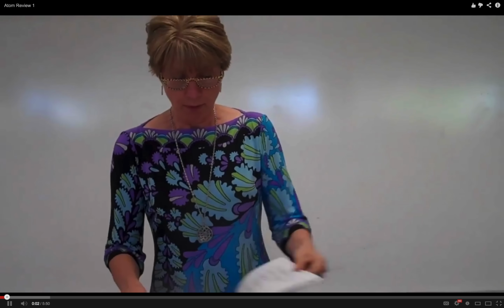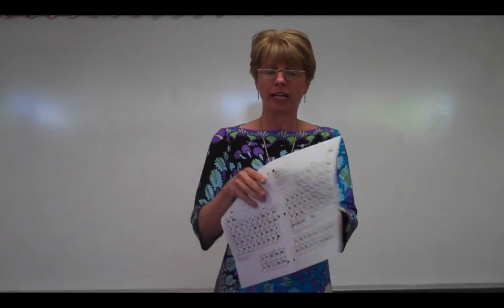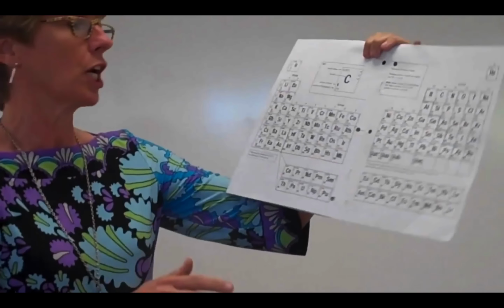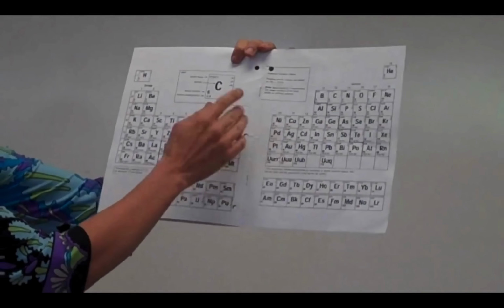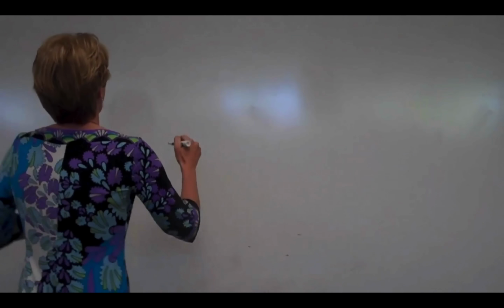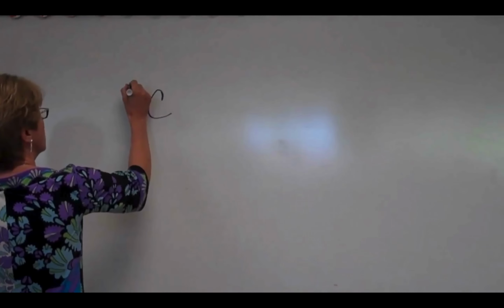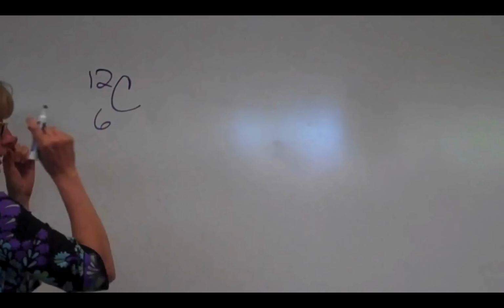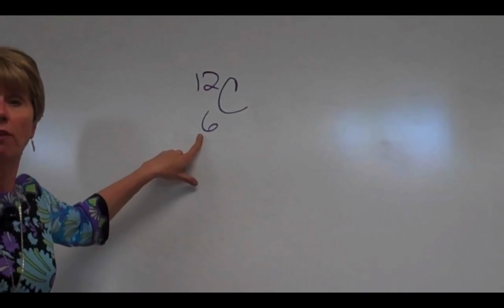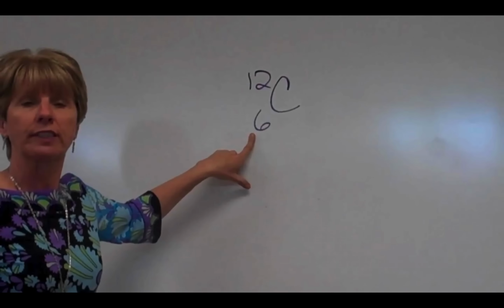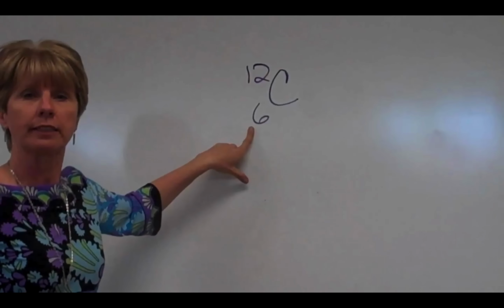First thing we have to remember is that we have a periodic table that we can be using to determine information about all the elements. Let's take the element carbon right now. So carbon, 12, 6. First thing is, this has an atomic number of 6. That means there are 6 protons in the nucleus.